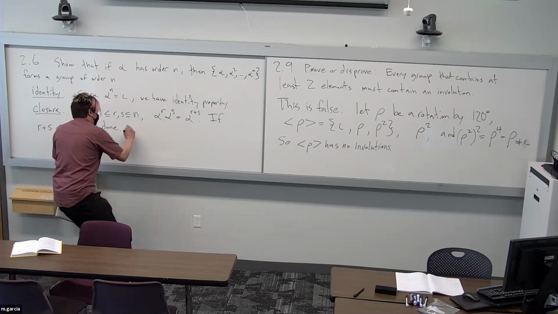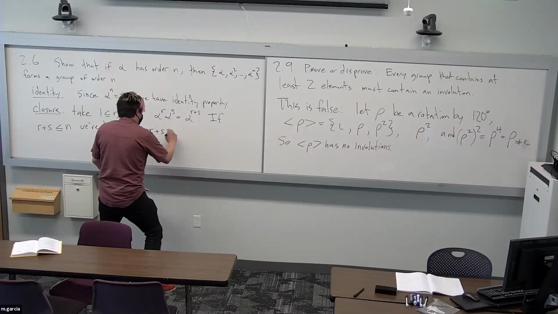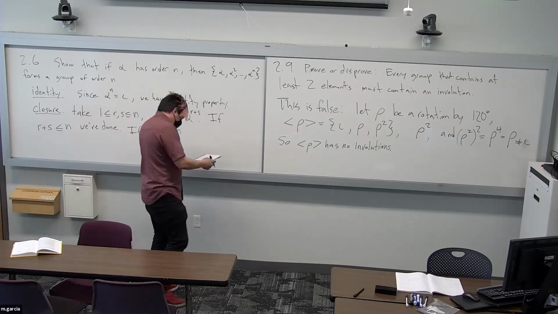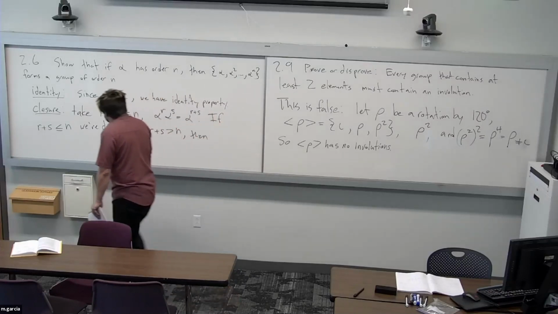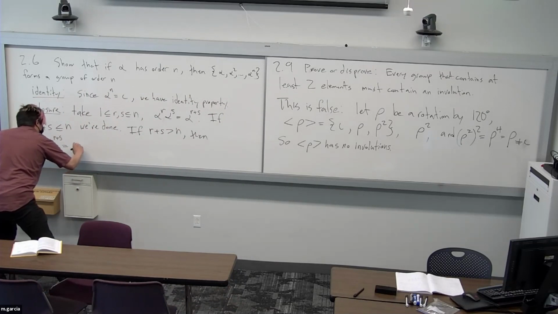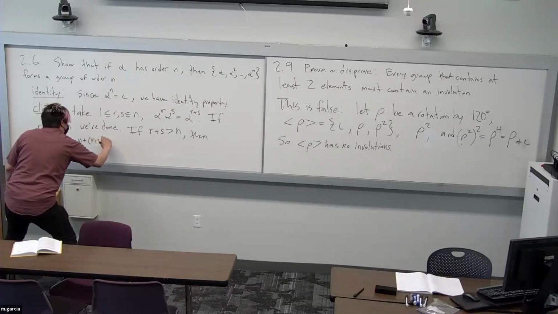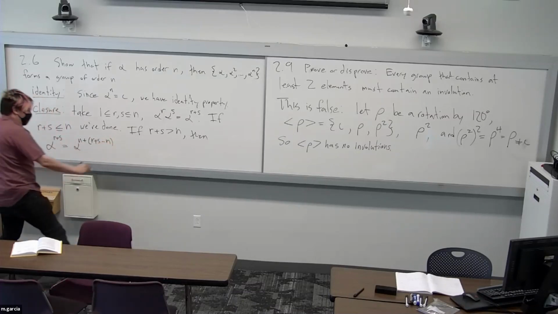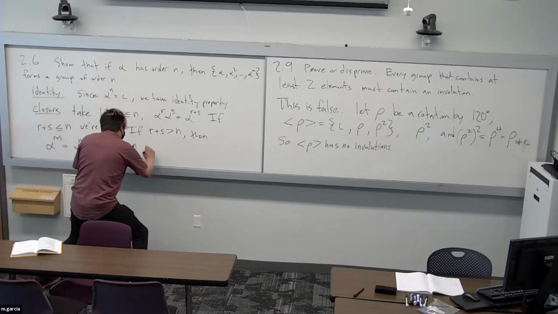Alternatively, if r plus s is greater than n, then we have alpha to the r plus s is equal to alpha to the n plus r plus s minus n, which is the same by the usual rules of exponent arithmetic.